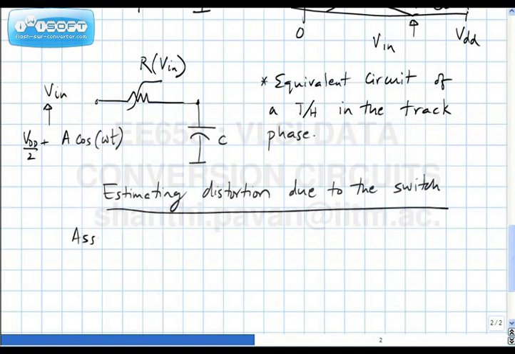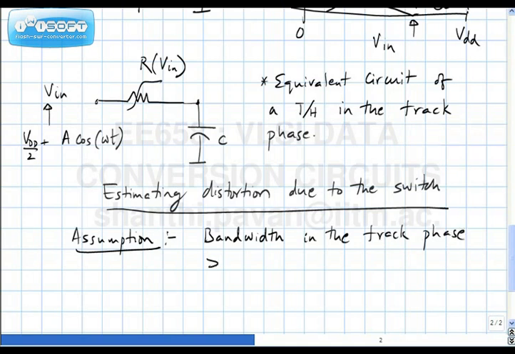The key assumption I will make is that the bandwidth in the track phase is much higher than the input signal frequency.